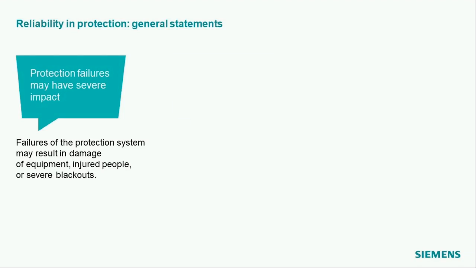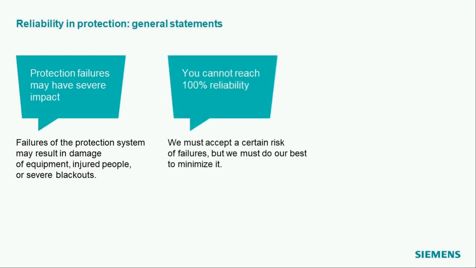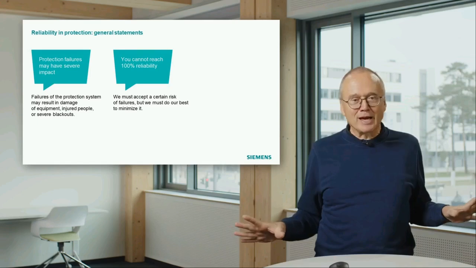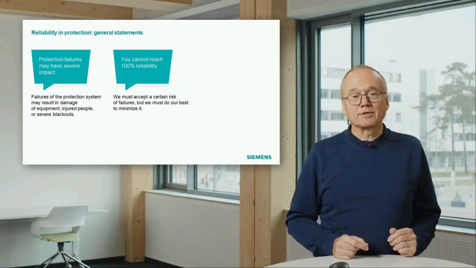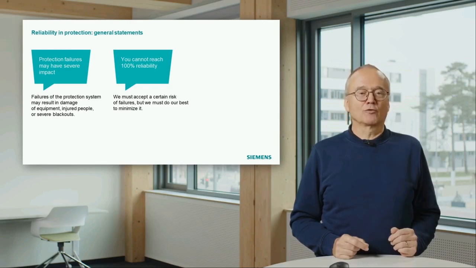But we also know we cannot reach 100% reliability. That means whatever we do, there is a certain risk that the system doesn't work as desired. And this risk is accepted in all other areas as well as in protection. But we must do our best to minimize this risk, of course.